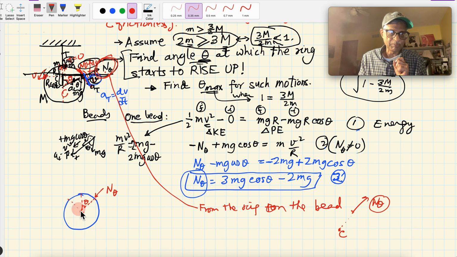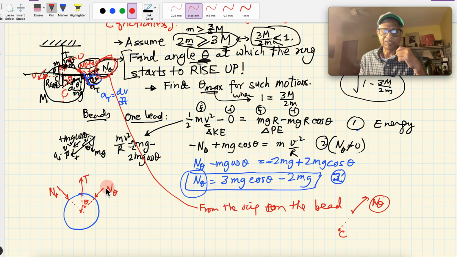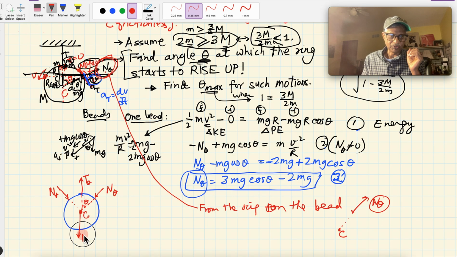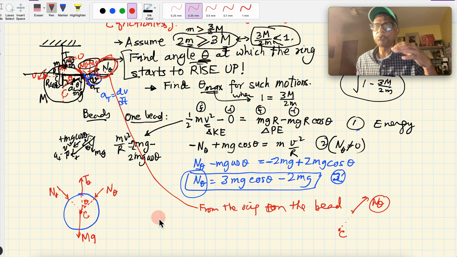Another force on the ring will be from the other bead, but because of symmetry it's going to be the same value as N theta. And of course there's tension T, which is going to vary with theta, so I'm going to write down theta, and there will be mg at the center of mass of the ring, so big Mg.